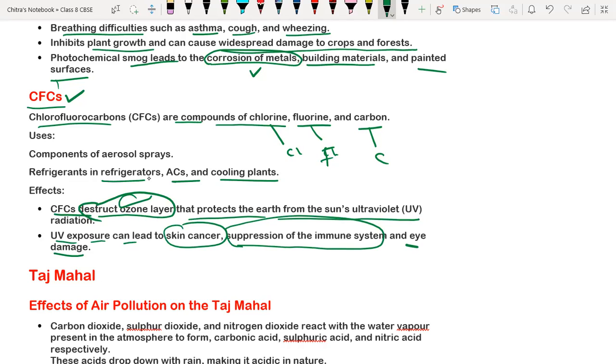If the ozone layer is depleted by chlorofluorocarbon, then the person or the animal will suffer from skin cancer, reduced immunity, and eye damage. So these are the harmful effects of ultraviolet rays if chlorofluorocarbon depletes the ozone layer.